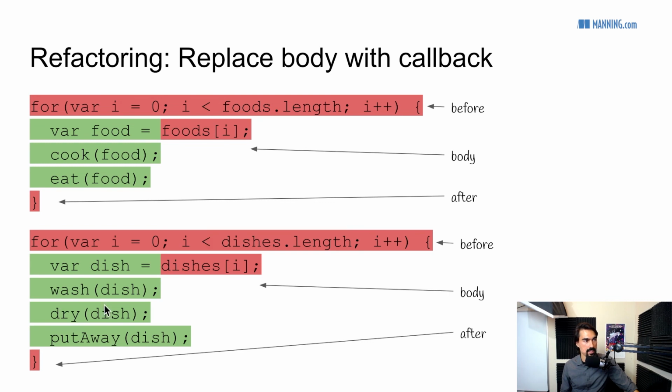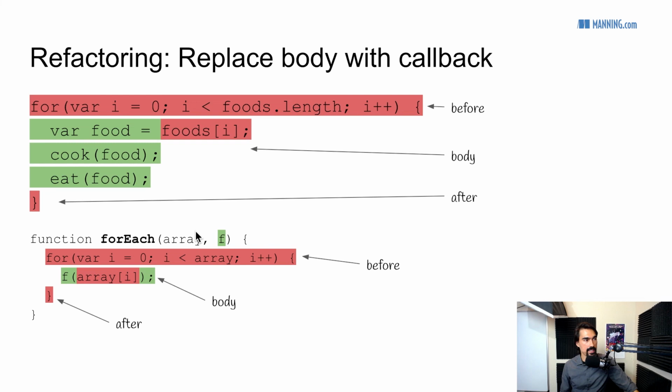It's the body that's different. So we can make a function that has the before and after, but it gets passed in the function f as the body. So the body can be whatever you need it to be.